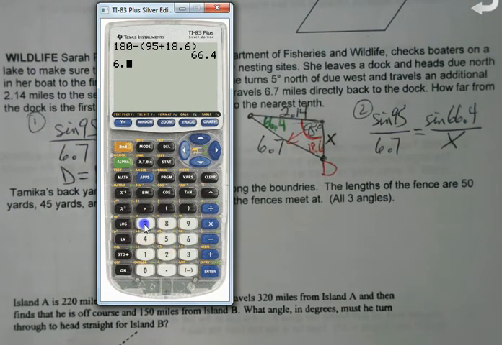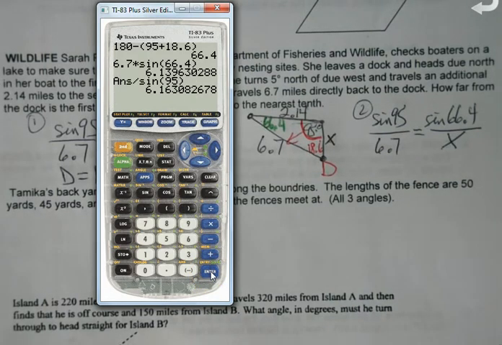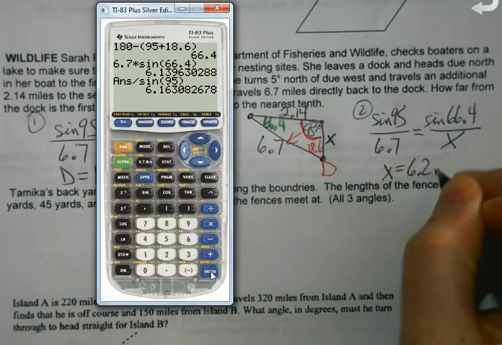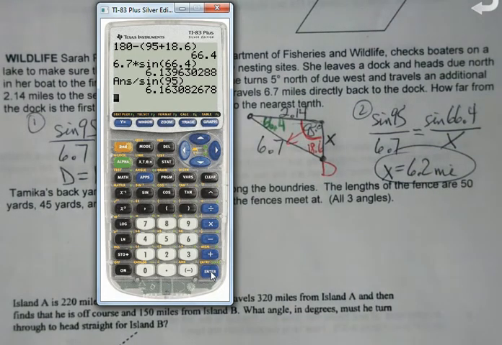So 6.7 is the side. And divide by the sine of 95. And we find out we're about 6.2 miles to get to that first site.